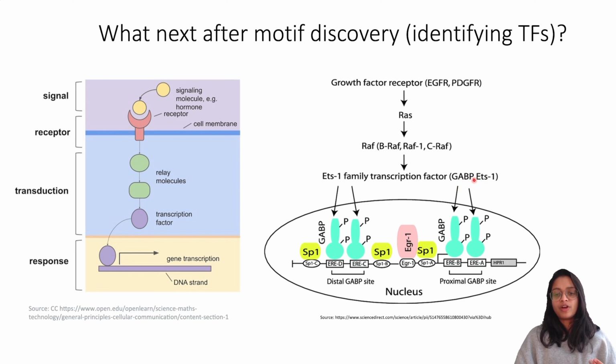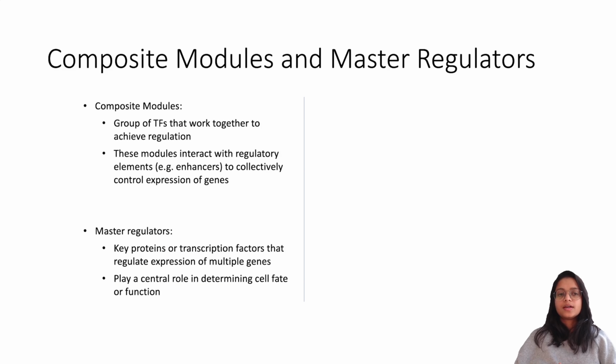These transcription factors, in cooperation with several other transcription factors that are overexpressed in cancer, like SP1 and EGR1, lead to HPRT1 expression in cancer. And it becomes clear that gene regulation is accomplished by a specific combination of transcription factors rather than by a single transcription factor alone. So that brings us to the idea of composite modules and master regulators.